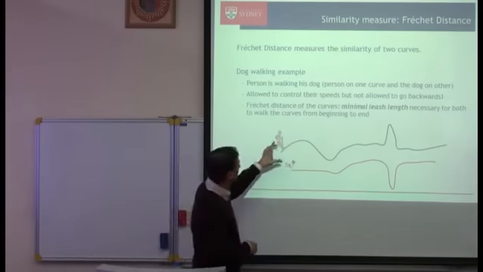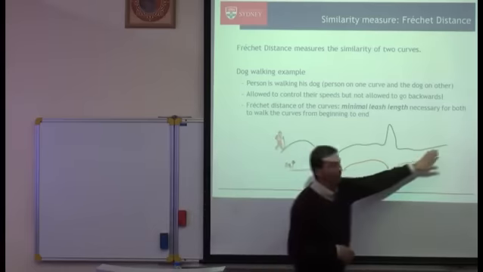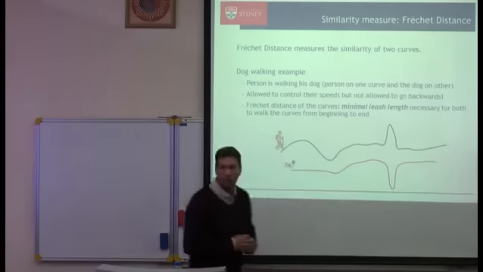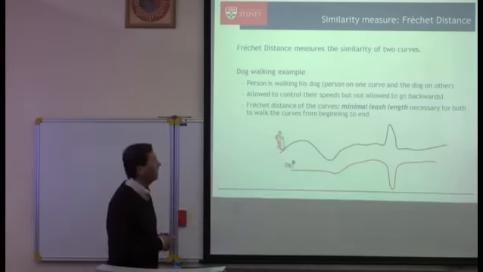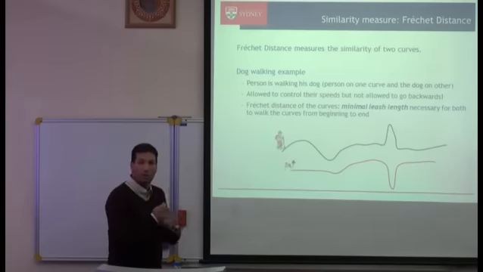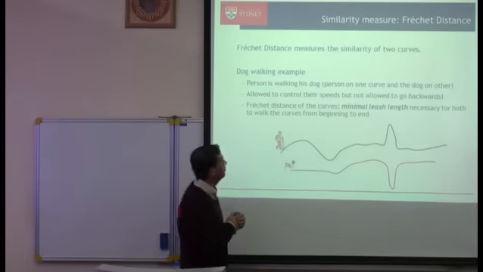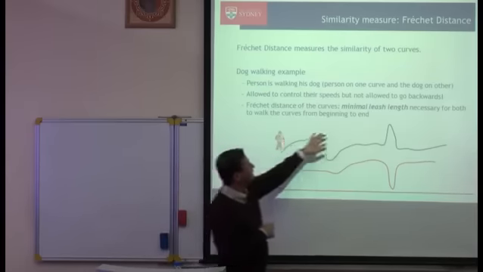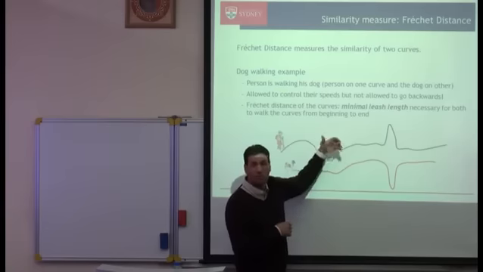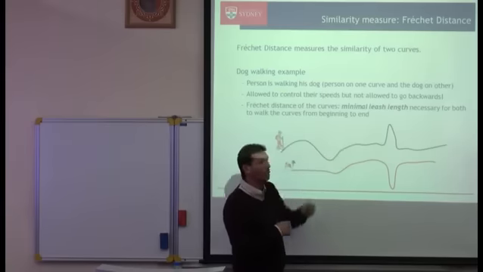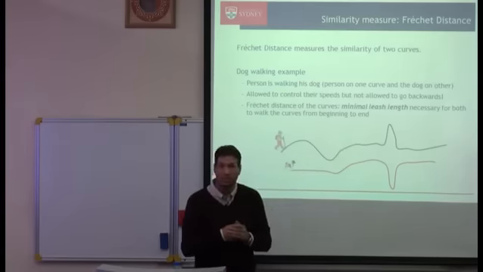And now you want to take the owner and the dog to the end of the curves. And you're allowed to vary the speed of the dog and the person. Right? And the Fréchet distance is the minimal leash length, so the minimum maximum distance.